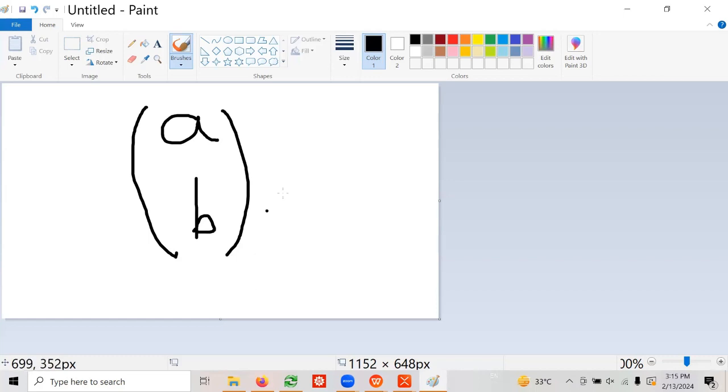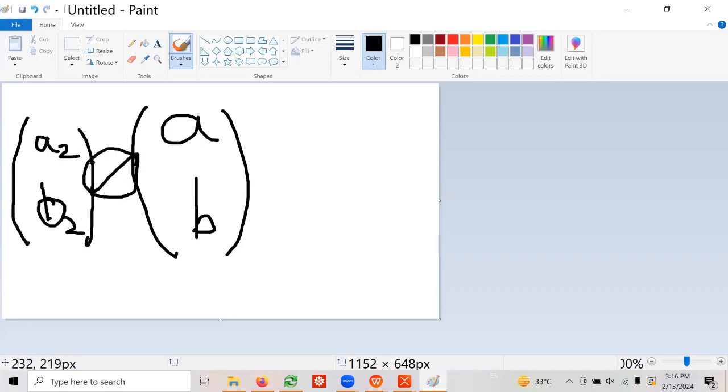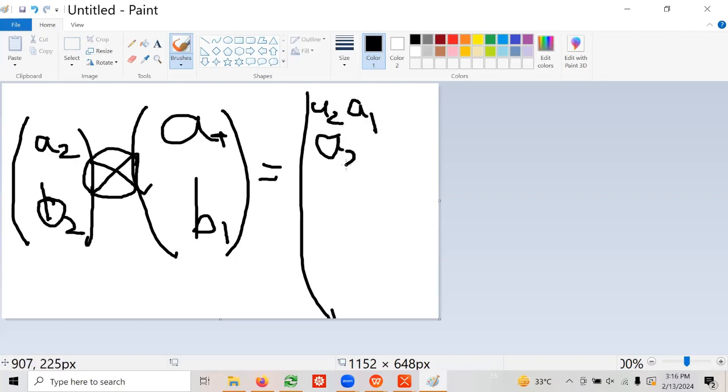And so if I have two quantum bits like this, what's that going to be equal to? A2 A1, A2 B1, B2 A1, B2 B1, right?